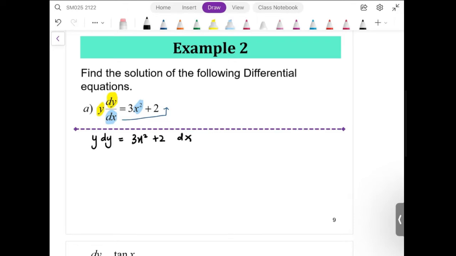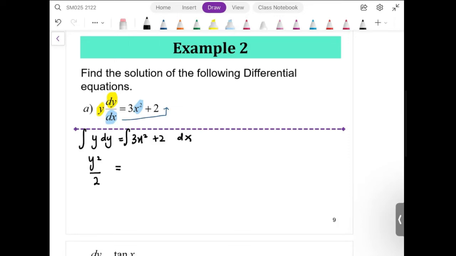Once we successfully separate the variable, we may start integrate both sides. Munculkan simbol integral at the front. And integrate both sides separately. Sebab tu tadi saya kata skill integration mesti dah expert lah kat sini. Sebab kita memang nak kena terus integrate. But then for this question is very basic kan. Tak ada apa-apa masalah kat situ. So integrate y, we gonna get y squared over 2. And then right side integrate both terms.